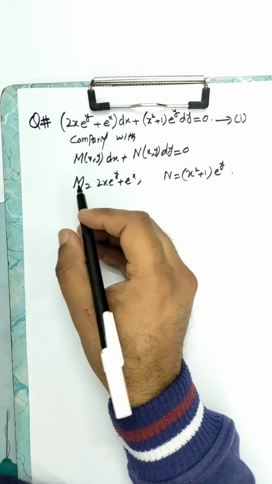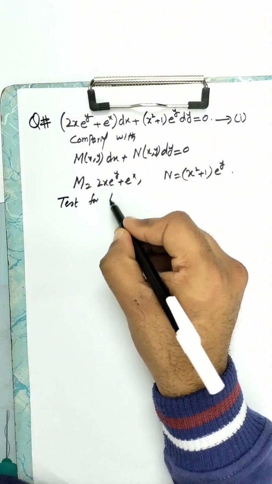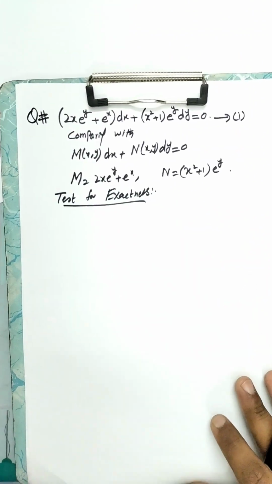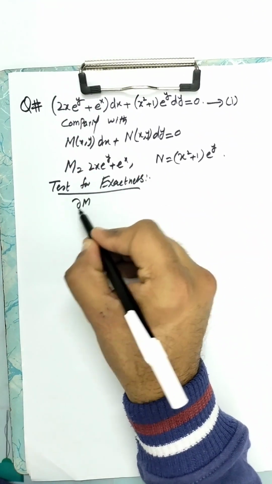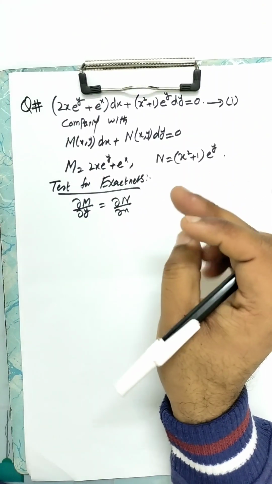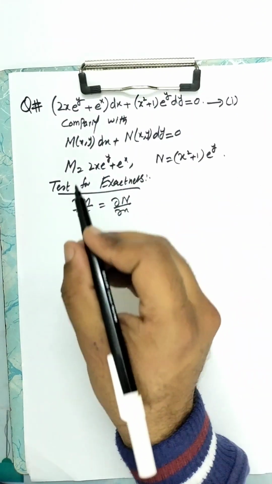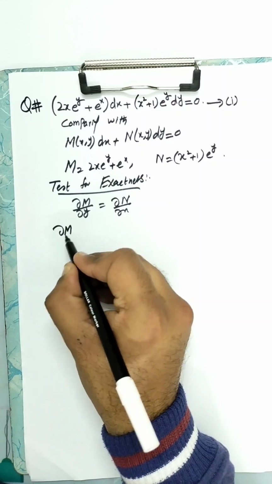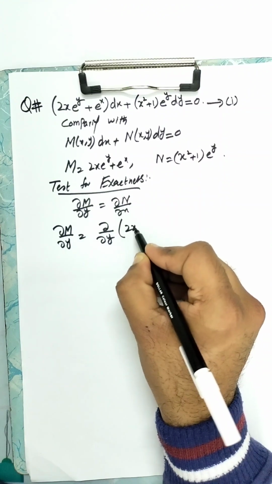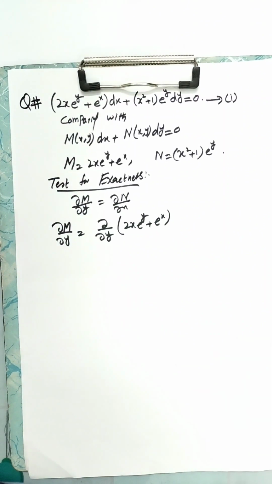In the second step, we apply the test for exactness. So we check the test for exactness here. That is, partial M over partial y is equal to partial N over partial x. First we find partial M over partial y. So partial M over partial y is equal to partial over partial y of 2x e raised to power y plus e raised to power x.